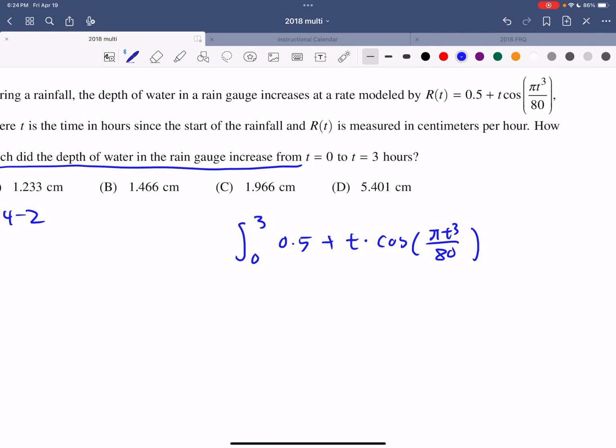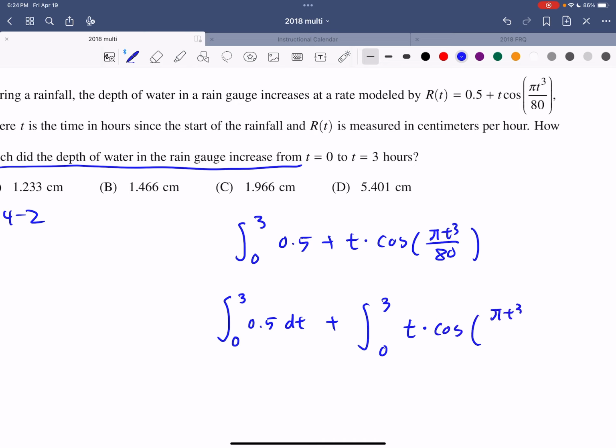So what you can do is divide this one into 2. Do you see it has a plus? So I will just write this one like integral from 0 to 3 of 0.5 dt plus integral from 0 to 3. Now, don't forget, it's t times. You got to put times, otherwise you're going to get an error again.